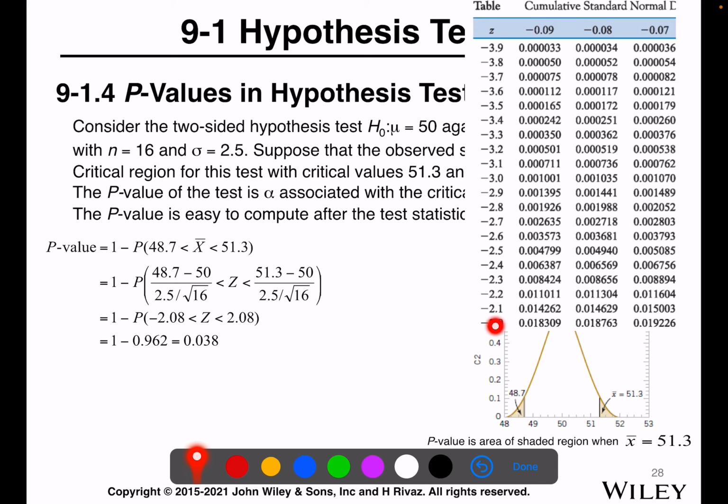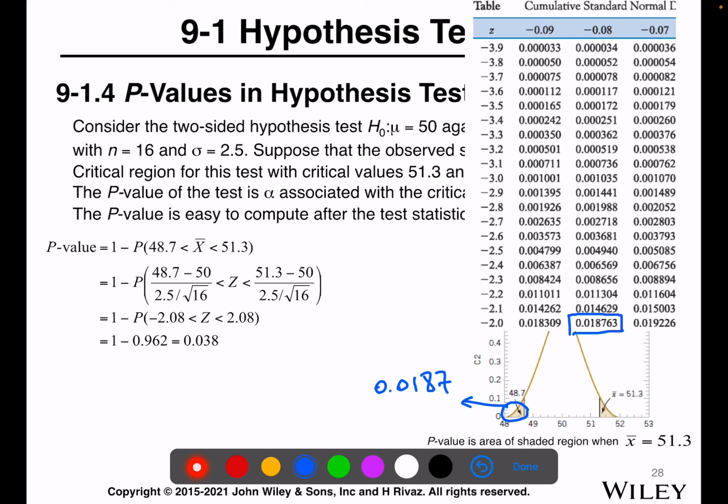So from the table, minus 2.08 is here. So it's 0.0187, right? This area.